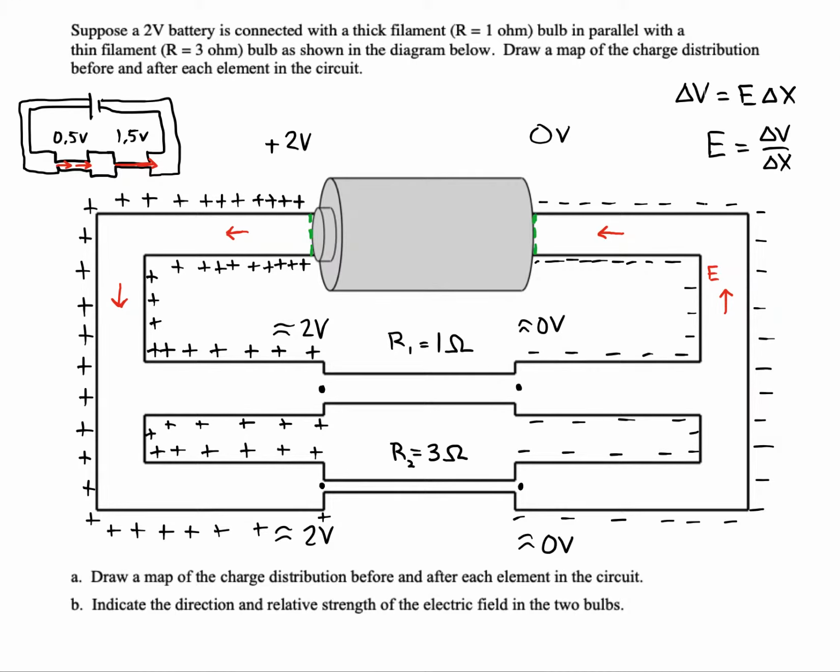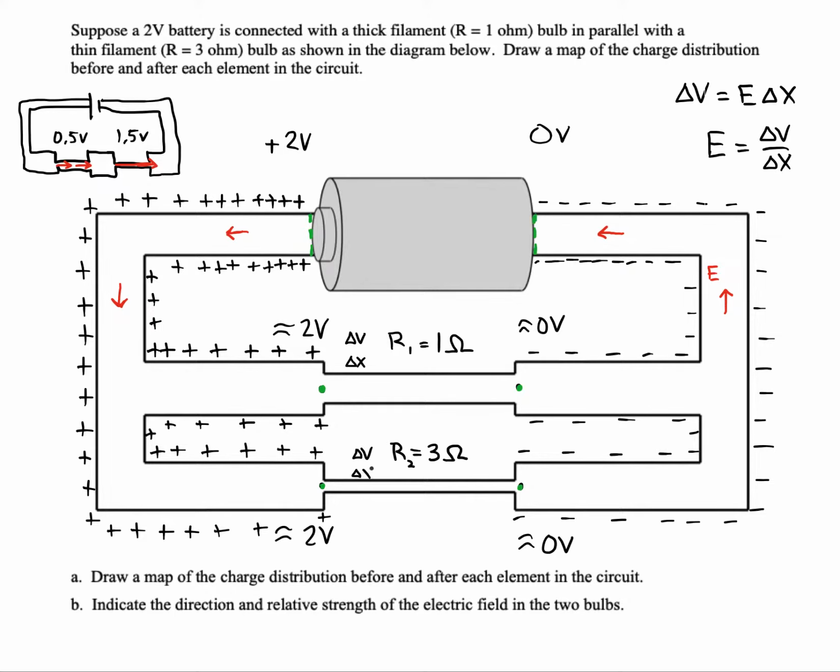It's different. We're at 2 volts at this point and 0 volts at that point. And here we've got 2 volts and then 0 volts on the other side of the bulb. So you see the delta X's and the voltage drops are the same.